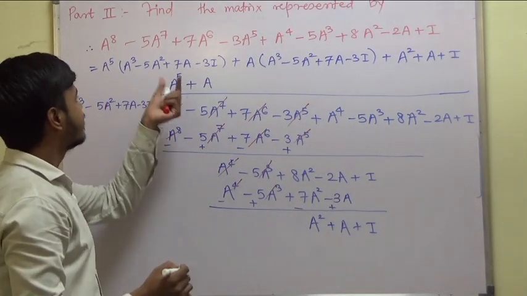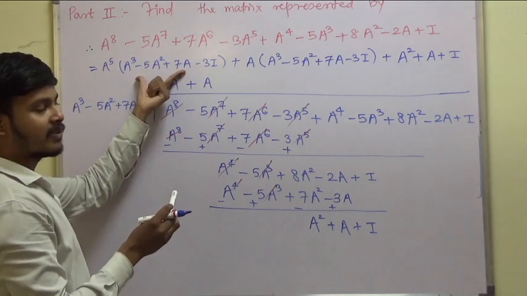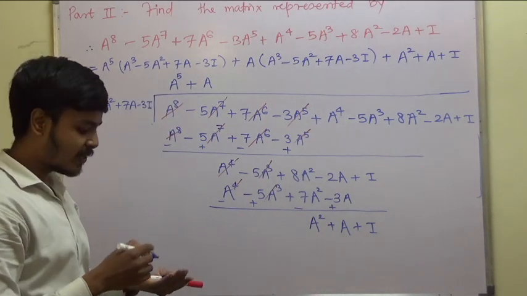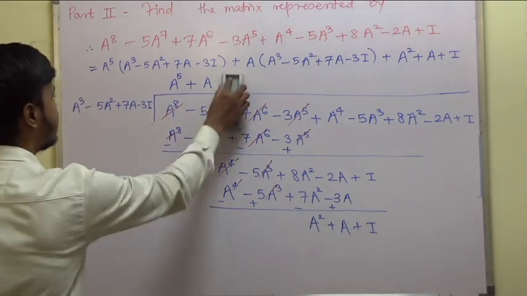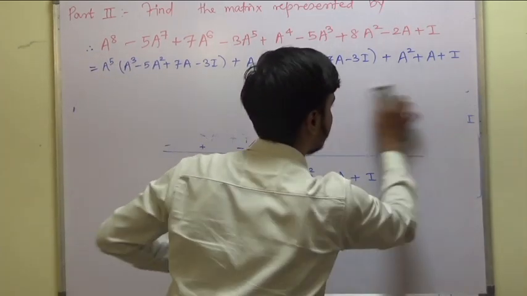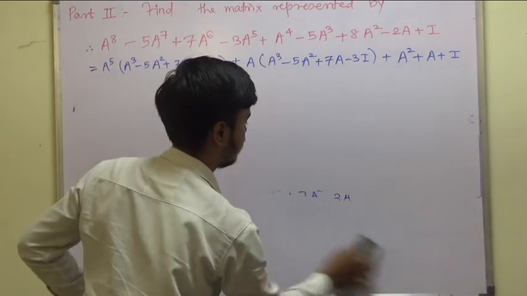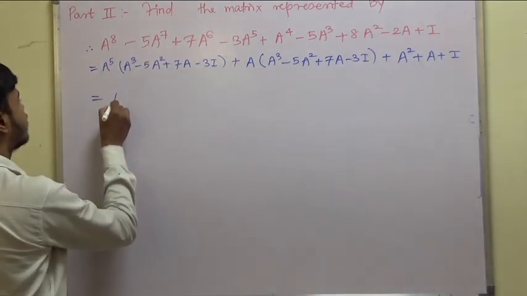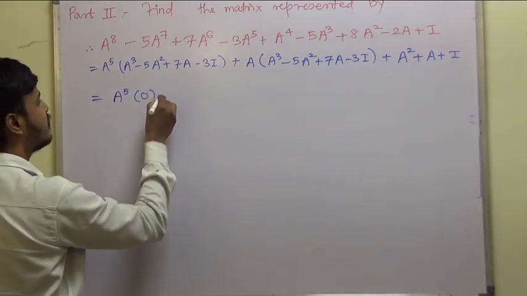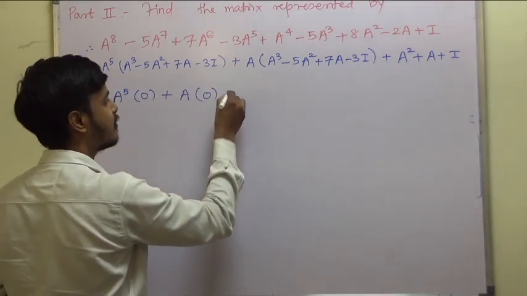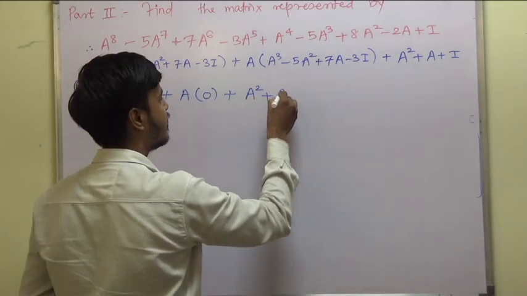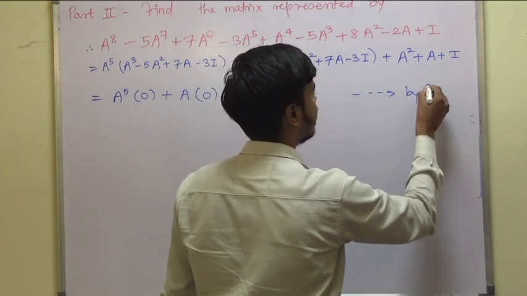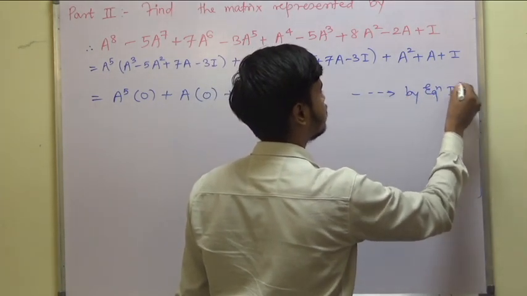But if you remember, this is my equation number 2, and what does equation number 2 say? a cube minus 5a square plus 7a minus 3i equal to 0. So from equation 2, this is a to the power 5 into 0 plus a into 0 plus a square plus a plus I. You can give the reason as equation 2.